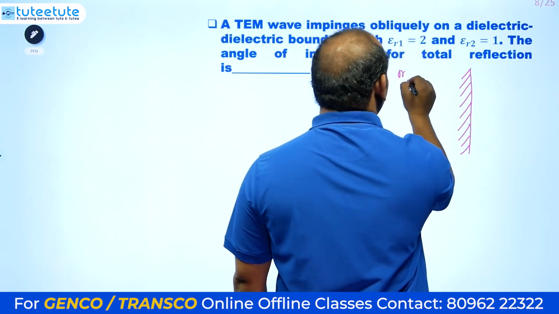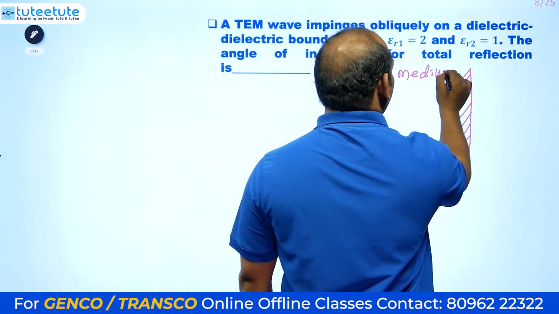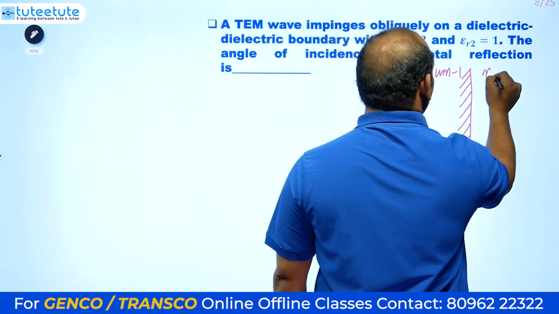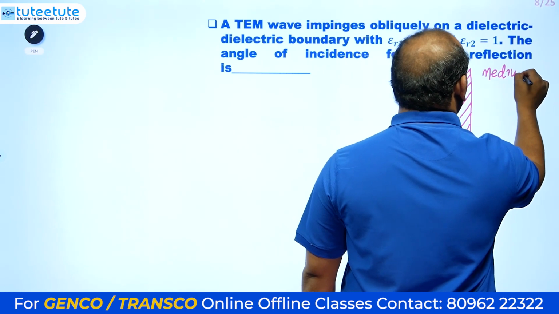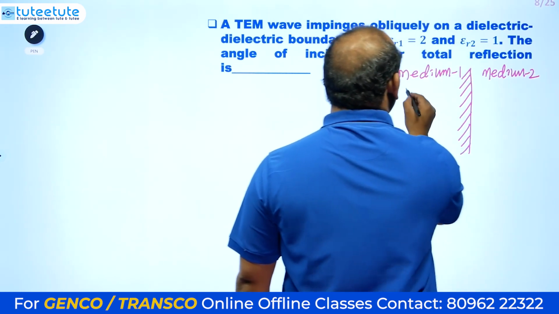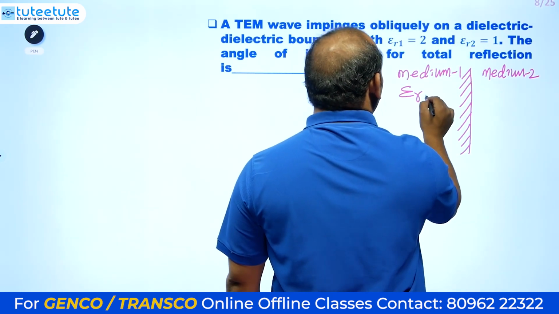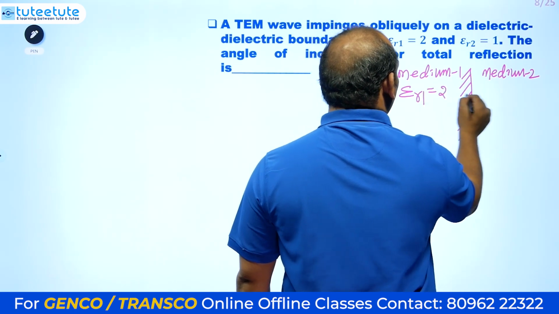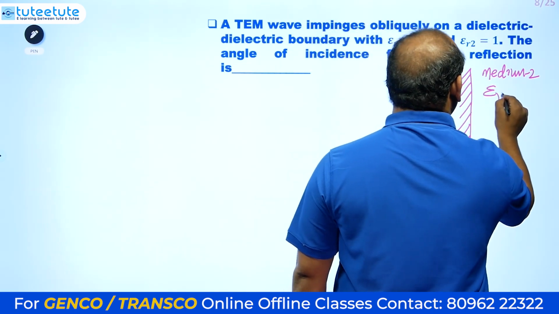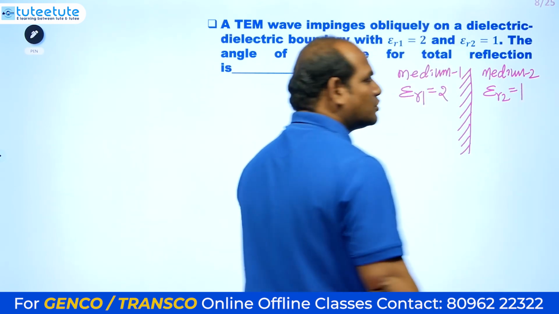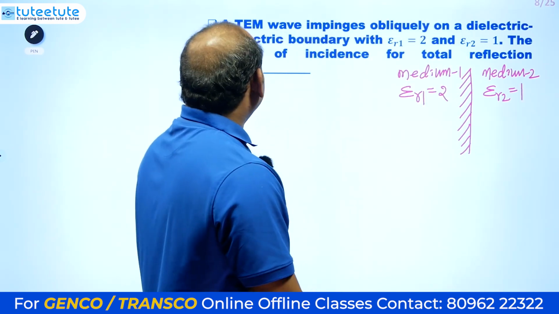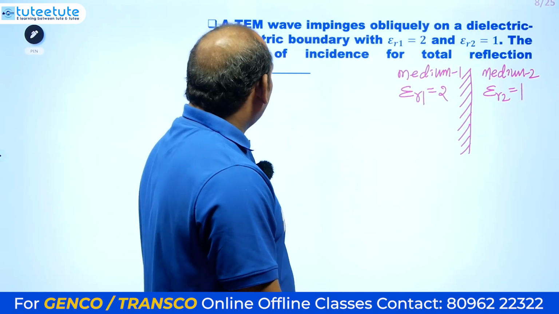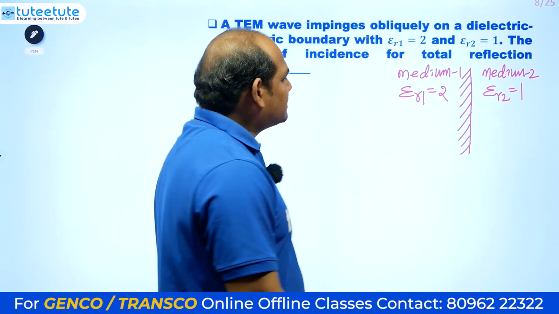Here I am taking medium 1 and this is medium 2. Medium 1 has relative permittivity epsilon r1 equal to 2 and medium 2 has relative permittivity epsilon r2 equal to 1. The angle of incidence for total reflection is what they are asking.